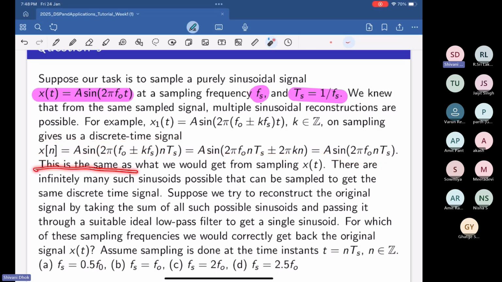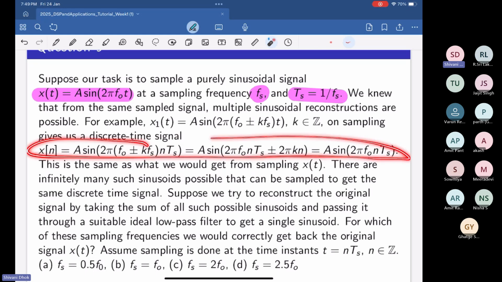This is the same as what we would get by sampling x of t. So what it says is we have a signal x of t, and if we sample it at a sampling frequency fs, we will get multiple sinusoidal reconstructions, or multiple sampled versions of that signal, which will take up this particular form.